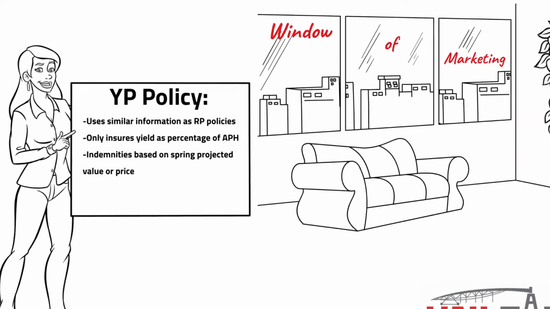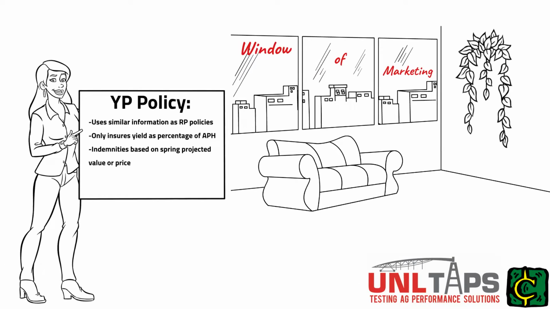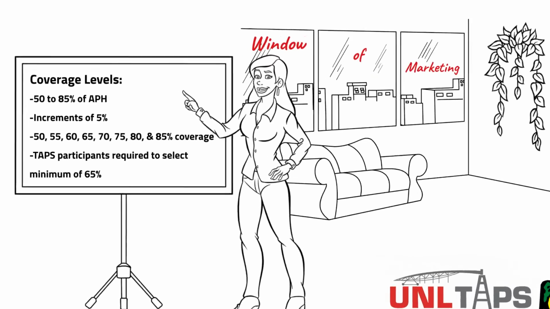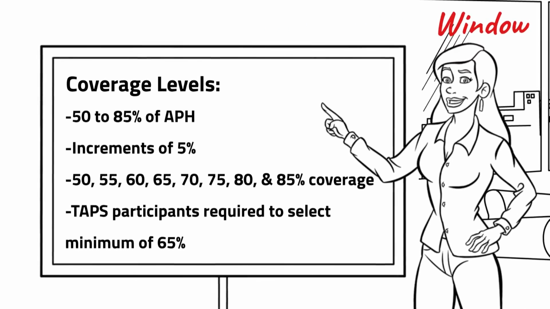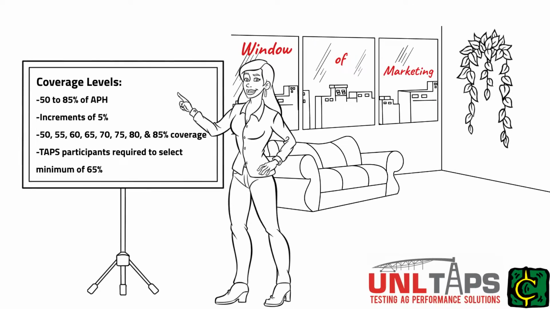YP insurance uses similar information as RP, but only insures yield as a % of APH with indemnities based on the spring projected value or price. These MPCI products operate on an annual, automatically renewing cycle and have coverage levels between 50 and 85% of APH in 5% increments. TAPS participants are required to select within this range as well, but at a minimum of 65% coverage.